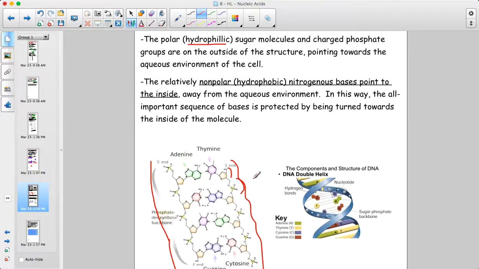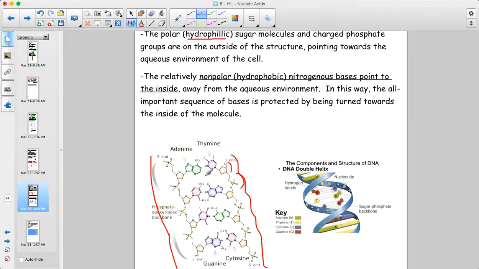The inside, these nitrogenous bases are a lot more nonpolar. C to N bonds are fairly nonpolar. There's a lot of just carbon in the rings. So mostly on the inside, they are hydrophobic. And so naturally, when they're in the aqueous environment of the cell, they form this coil, this double helix. And it's really important because all of the genetic information is stored in the nitrogenous bases in the exact order of all those A's, T's, C's, and G's.